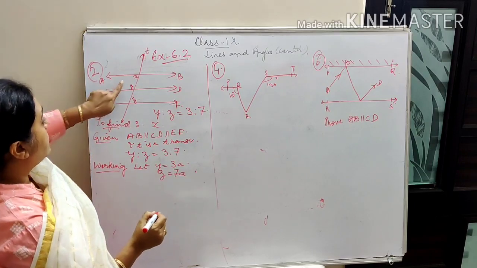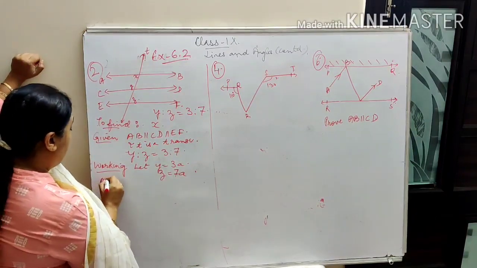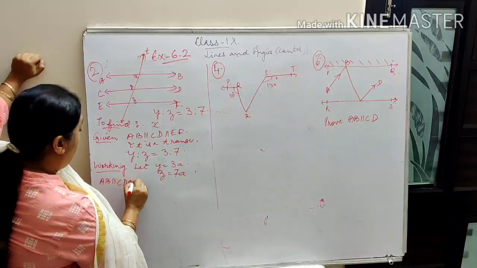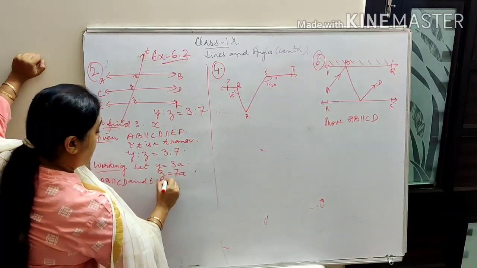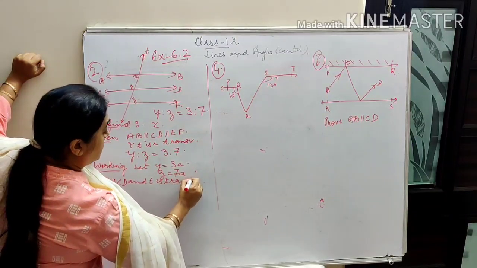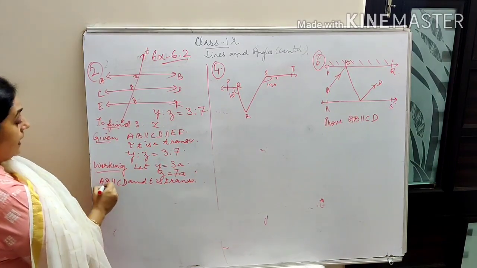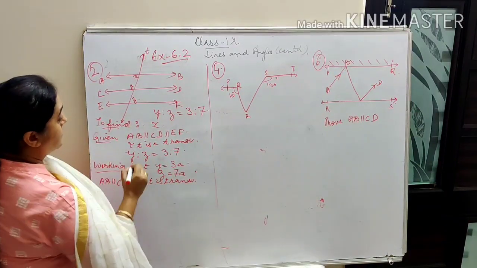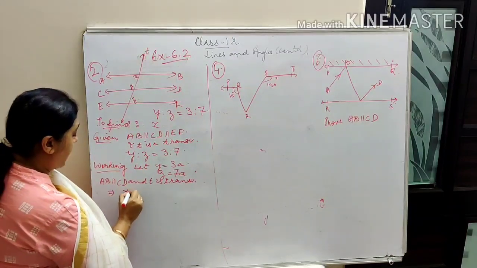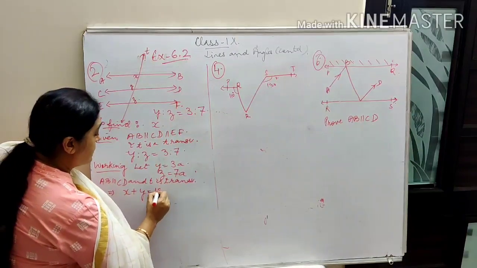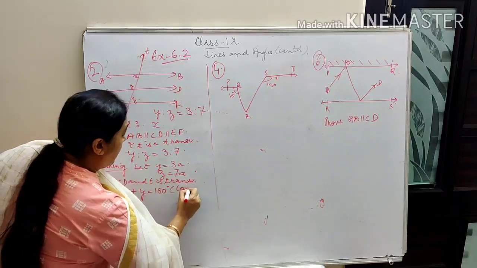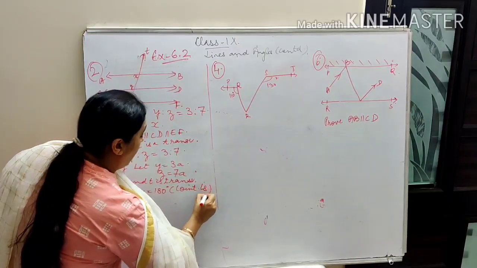Right? Now please see, AB parallel CD and T is transversal. You always have to mention the name of the parallel lines and the transversal also. AB parallel CD and T is a transversal. This implies X plus Y is equal to 180 degree, co-interior angles.